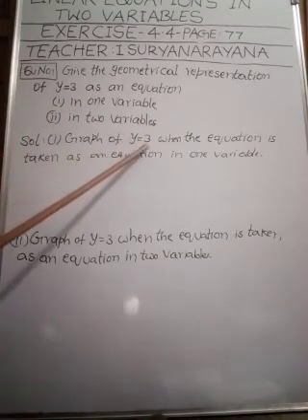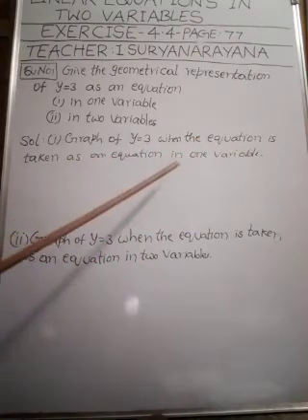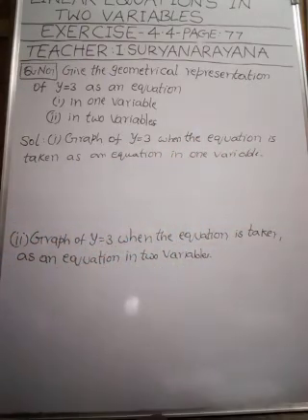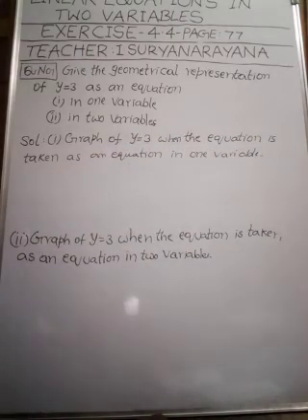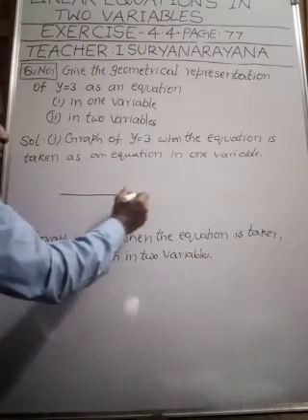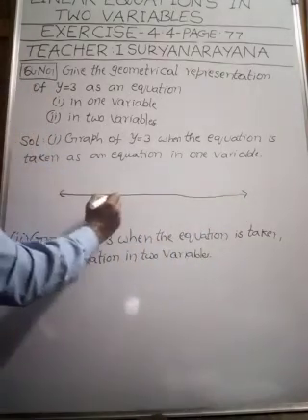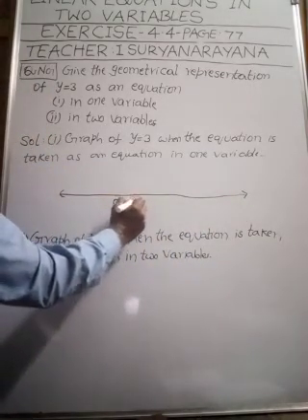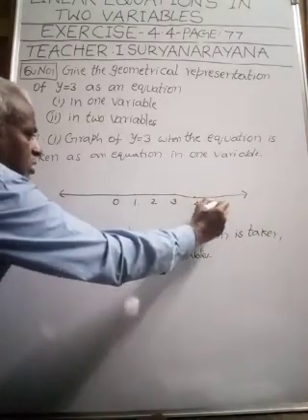Graph of y is equal to 3 when the equation is taken as an equation in one variable. If you are assuming that this equation is an equation in one variable, then no need to draw the x-axis and y-axis. We just draw a number line. 1, 2, 3, 4, 5, and so on.